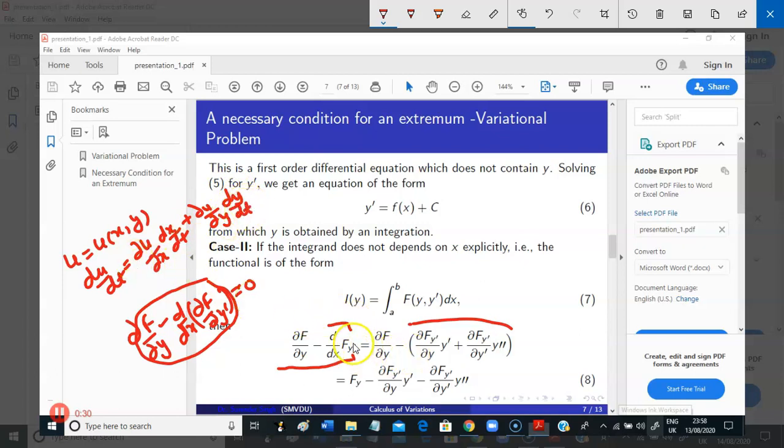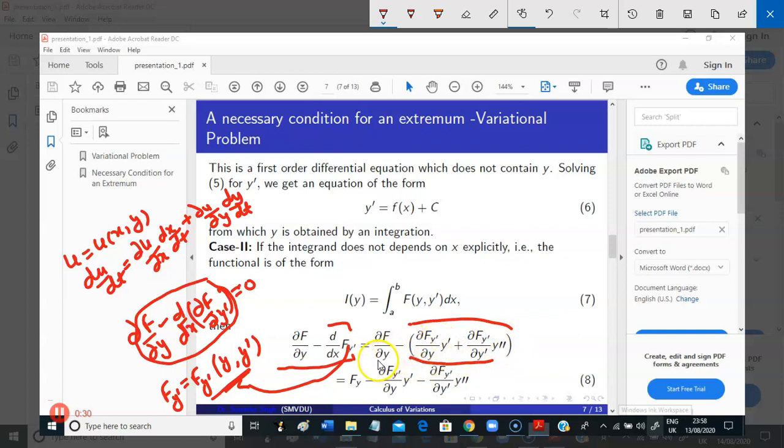Using the same logic over this F_y', instead of du/dt, here we are finding d/dx of F_y', and you will obtain this thing. Why? Because in this situation F_y' is a function of two variables, one is y and another is y', because x is not appearing here explicitly. So this concept of total derivative will give you this expression.